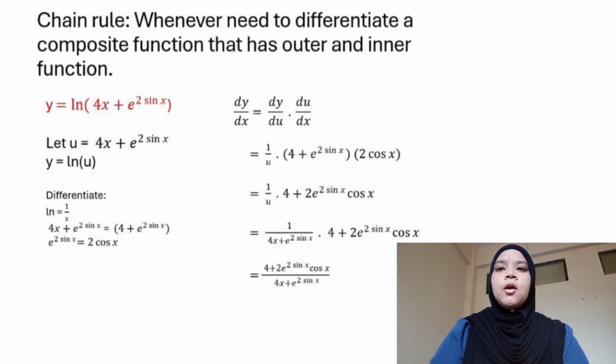First, we multiply our du/dx, which becomes 4 + 2 e^(2 sin x) cos x. For 1 over u, we insert u, which is 4x + e^(2 sin x), so it becomes 1 over 4x + e^(2 sin x). Then we multiply dy/du and du/dx. Then we get the answer. That's all.